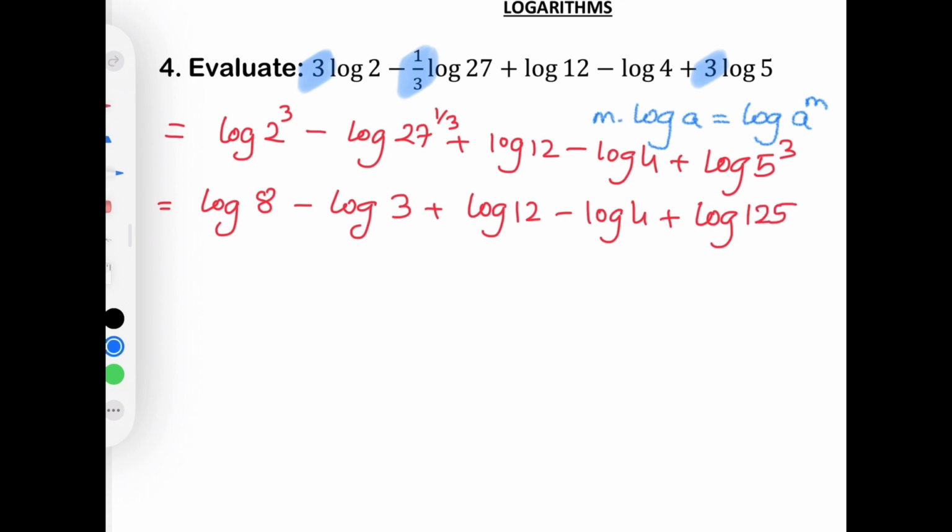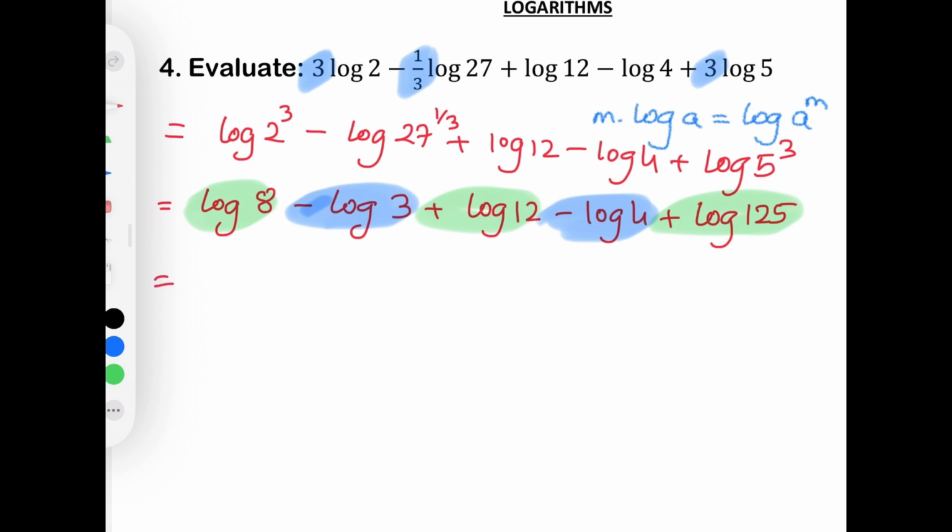Now using the addition and subtraction of logarithms property, the logarithms which are being subtracted, their numbers will be divided, and the logarithms which are added, their numbers will be multiplied.